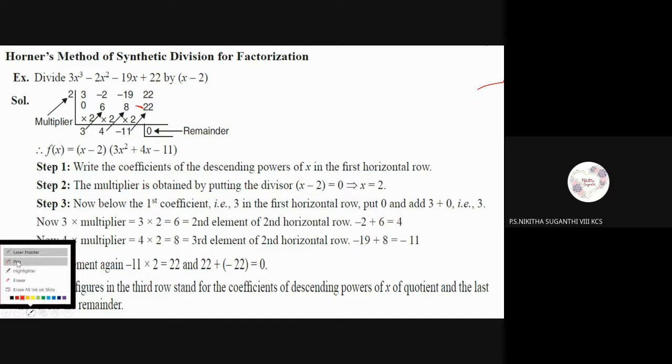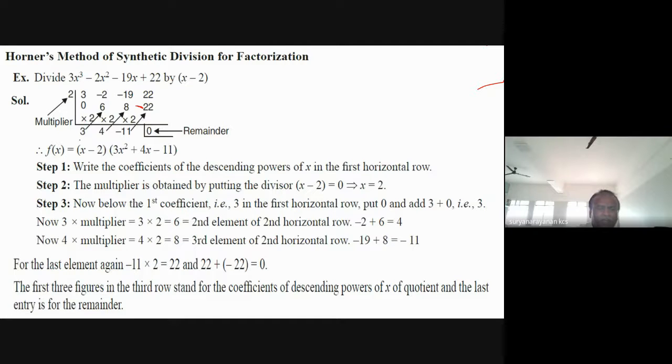Now come to this point. Here 3, 4, minus 11. The first rightmost number denotes the constant term.